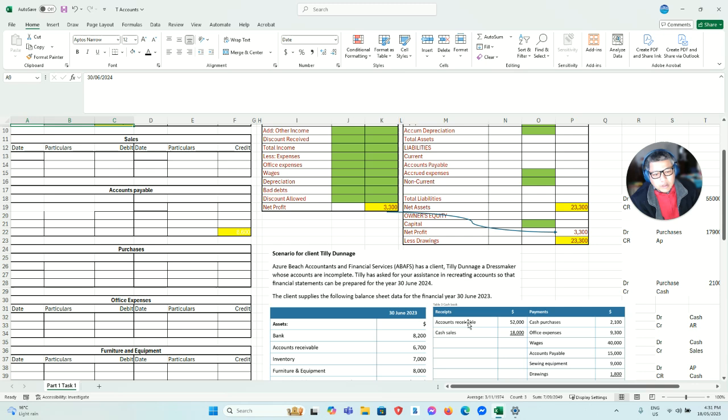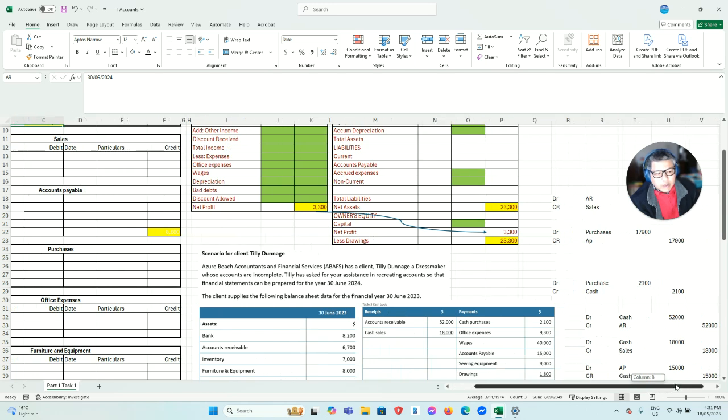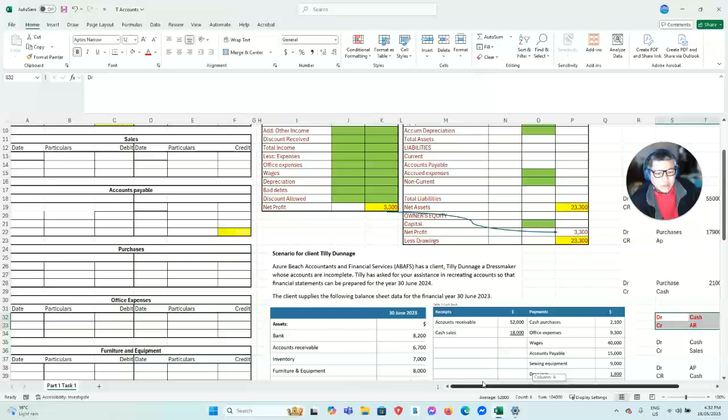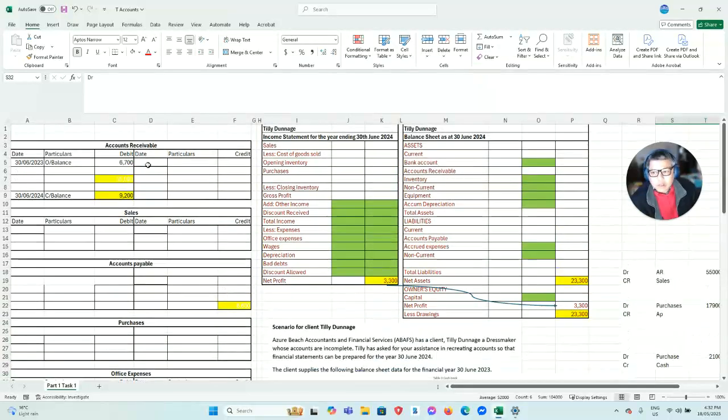What it means is debiting the cash and crediting the account receivable. This is the transaction behind the scene, so that means we have to transport a credit of 52,000 in the account receivable ledger.